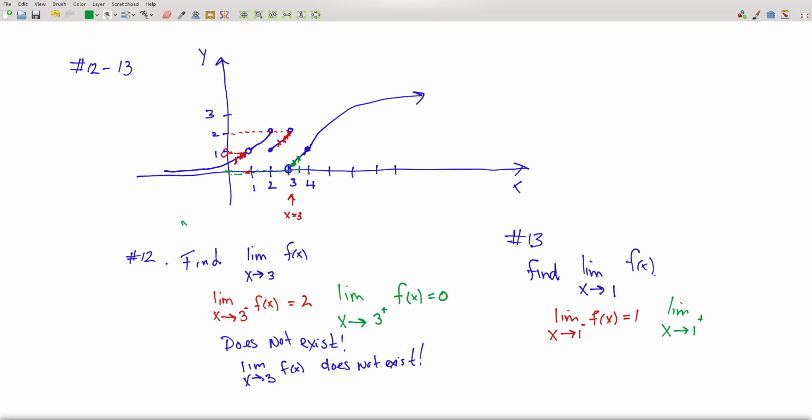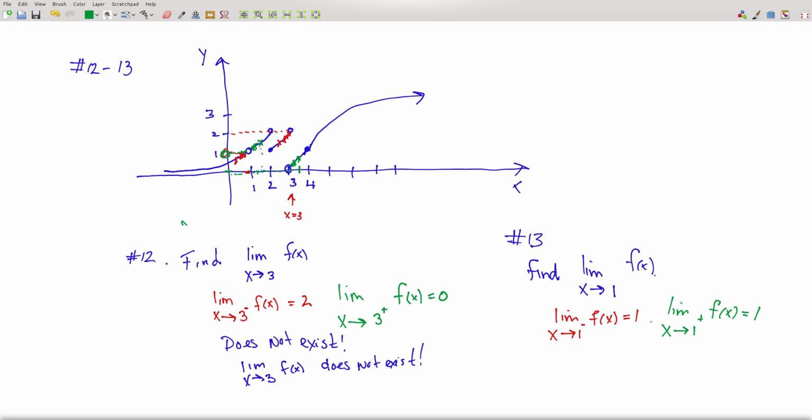So at 1.5 it looks like we end up right there on the graph. But what about 1.1? Well, I'm right there on the graph. And then 1.01, what is the graph getting closer to? It looks like the graph is getting closer again to y equals 1. So the limit as x approaches 1 from the right of f of x seems to be 1.